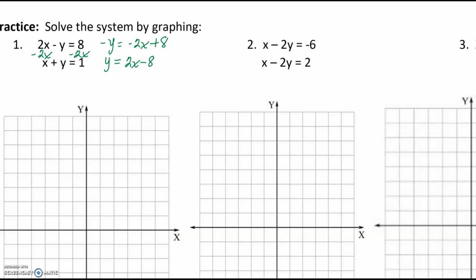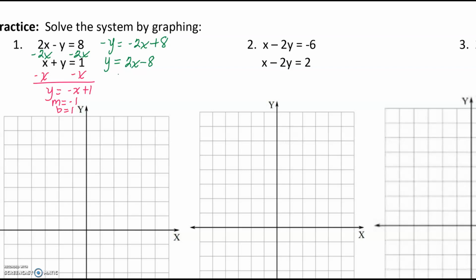In the next equation, I'm going to subtract x. And when I do that, I get y equals negative x plus 1. So now I'm going to identify my slope and intercept of each. Of my pink line, my slope is m equals negative 1, and my intercept b equals 1.